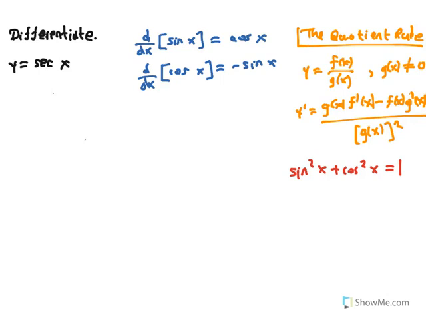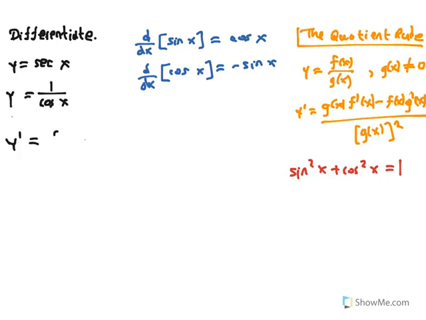Now we look at the secant function. We'd like to find the derivative of y is equal to secant x. And the first step is for us to rewrite the secant function using a reciprocal identity from trigonometry as 1 over cosine x. So now we have a quotient, and we may use the quotient rule to find the derivative.